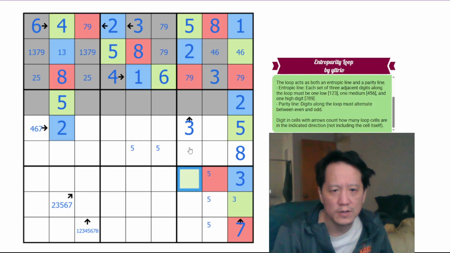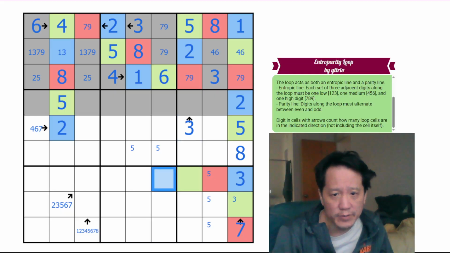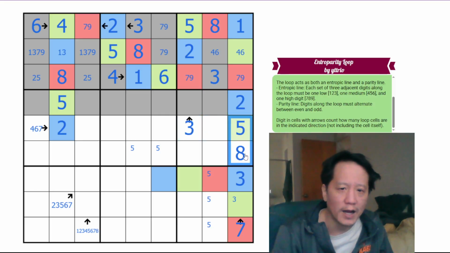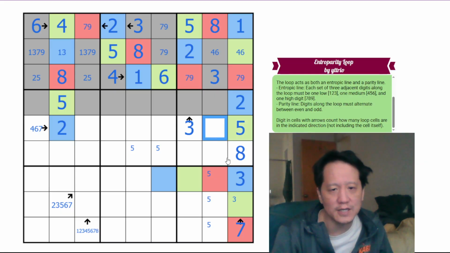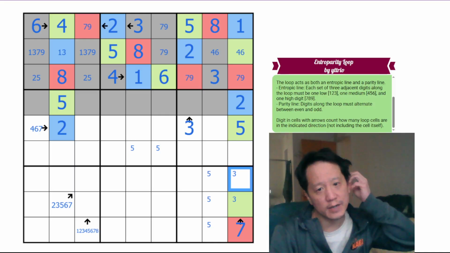Medium. Cannot go this way then. Low. Maybe go low, high, medium, low. Yeah, that's possible. But that doesn't work, because this can't be 8 anymore, but you need the 5 to be next to an 8 on the loop. So it cannot be 7.